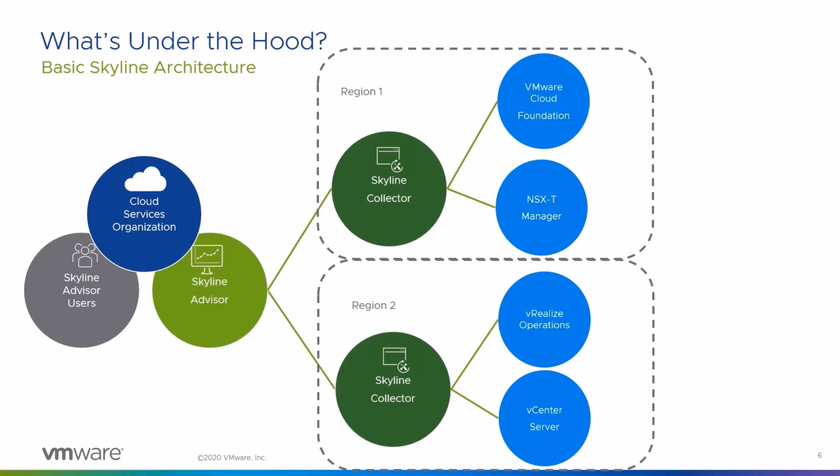Well, this in and of itself would theoretically work since the product usage data that gets collected is small, again, kilobytes in size, but where you could potentially run into issues is when you need to send a support bundle. As you know, those can be many megabytes to gigabytes in size, and so to prevent transmission issues, we simply say put a collector in each of those regions. So in short, that collector should be where your vCenter Server is.